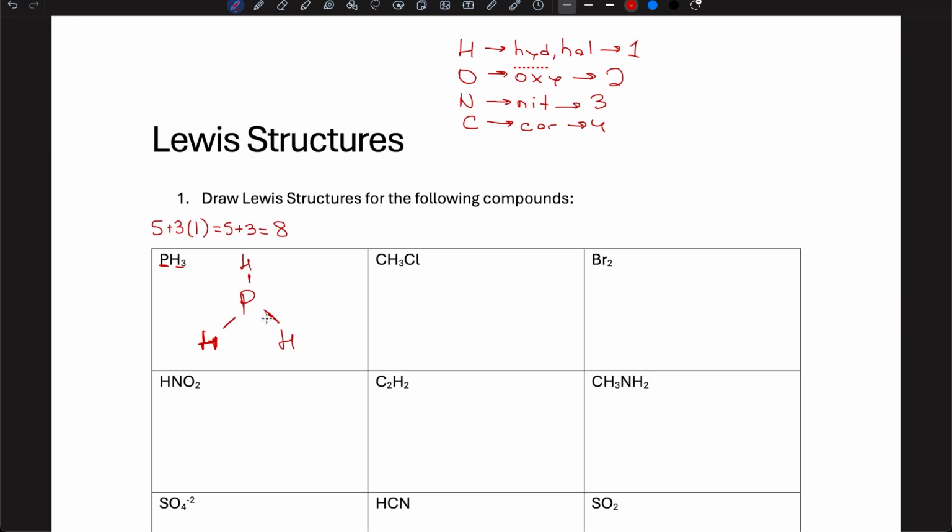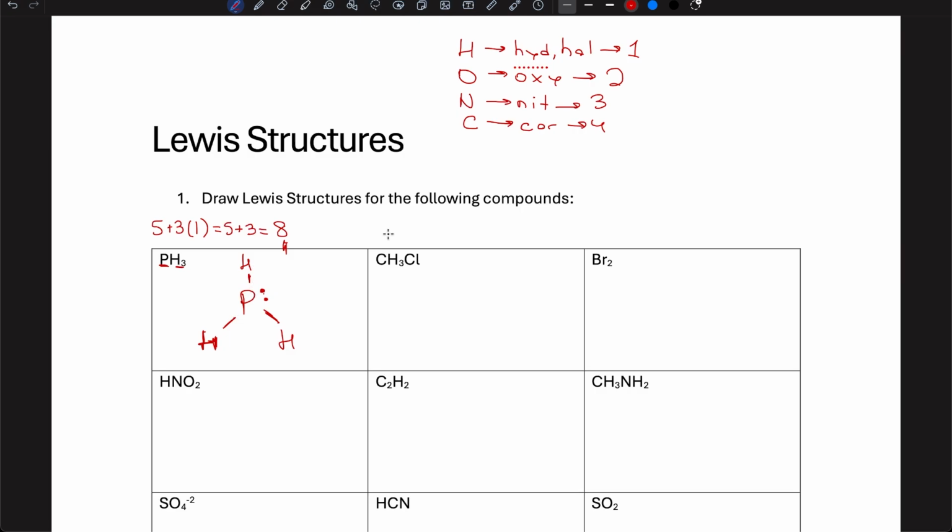Each line is 2 electrons, and so we have 3 lines, which means we have 6 electrons in the structure. However, we need a total of 8. And so what we can do is just add a lone pair. By adding a lone pair, we have 8 valence electrons in the structure.